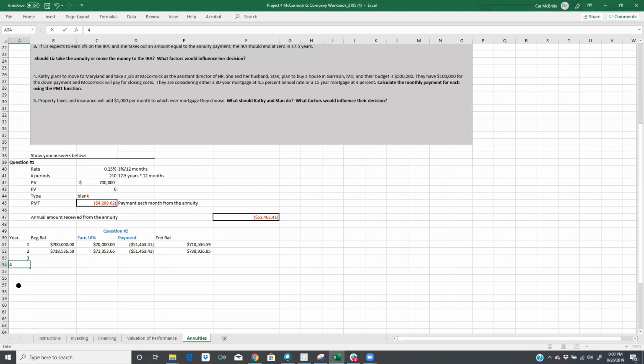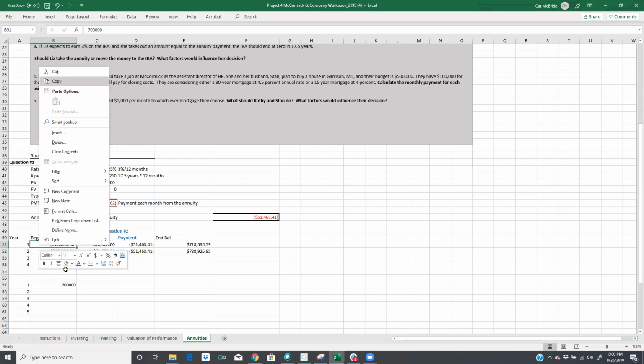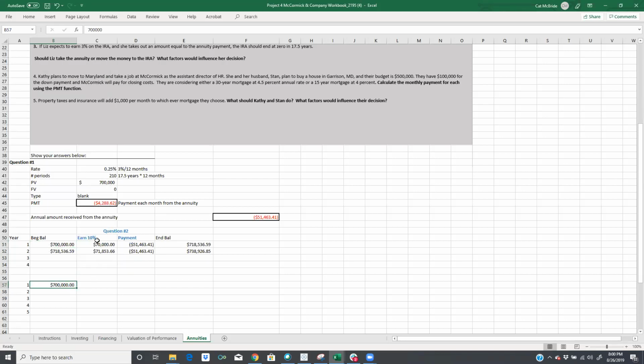If we wanted to do this monthly, you're going to do exactly the same concept, except you'll start with year 2, 3, 4, 5. So we're going to start with our balance of 700,000. But for 10%, this is actually going to be 0.10. Well, we'll put the description here.